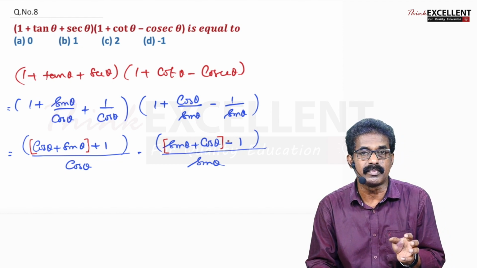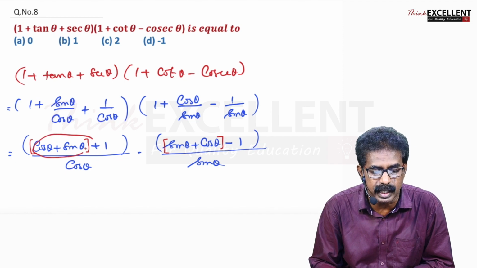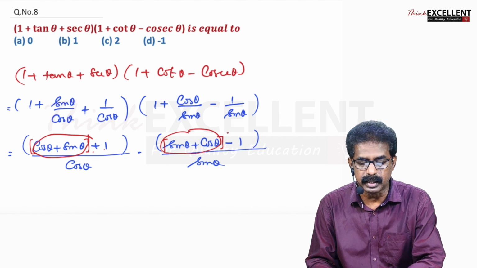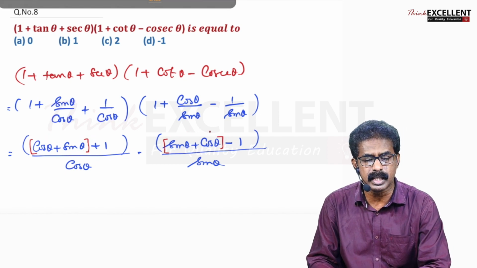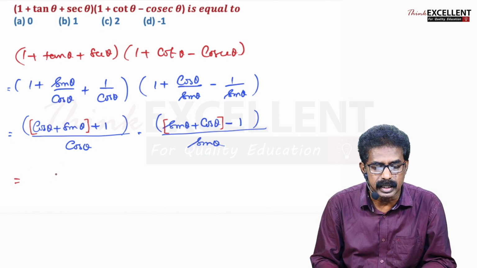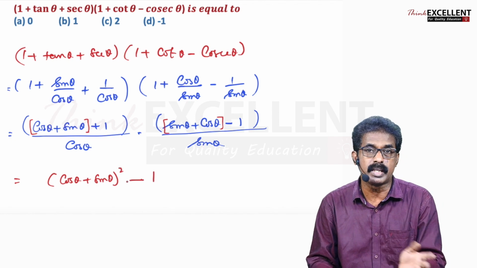So the numerator is of the type A plus B into A minus B. This is our A. What is A plus B into A minus B? A square minus B square. So the numerator is A square, that is cos theta plus sine theta the whole square, minus B square, B square means 1 square, it is 1.